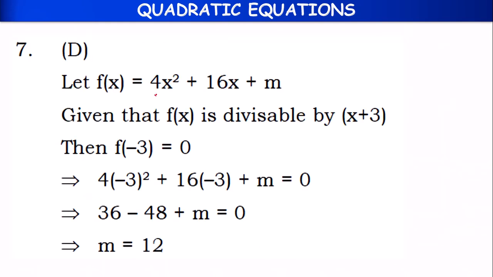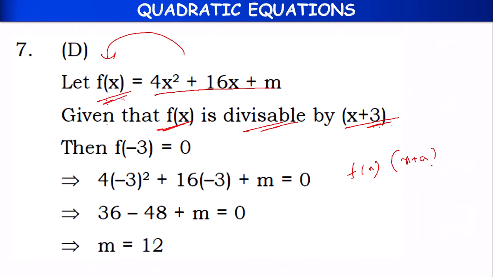So let us assume the given expression as f of x. The given equation is a function in x, f of x, and given that f of x is divisible by x plus 3, which means if f of x is divided by x plus a, then f of minus a will be 0.